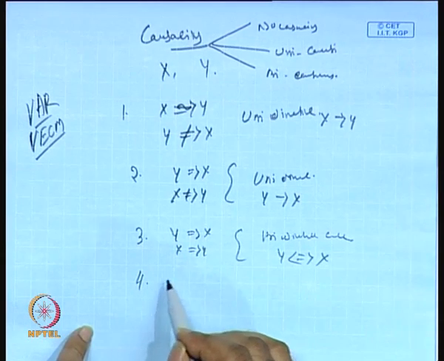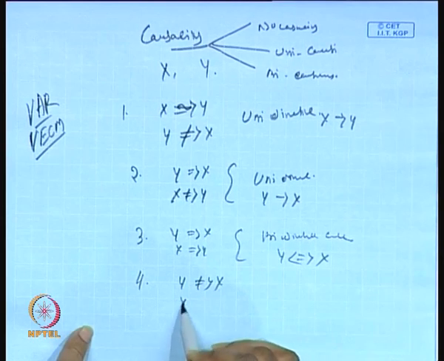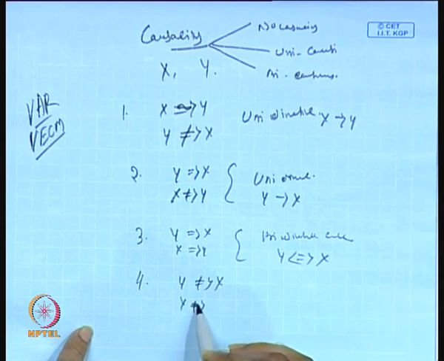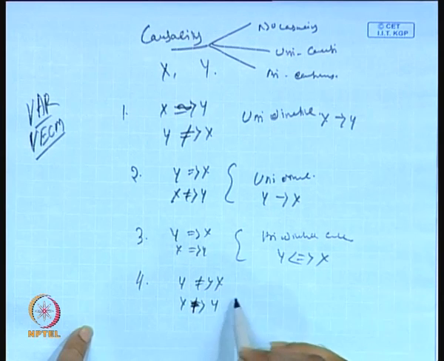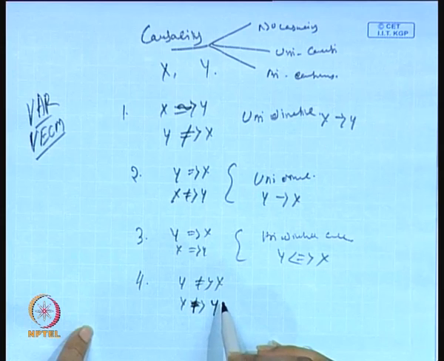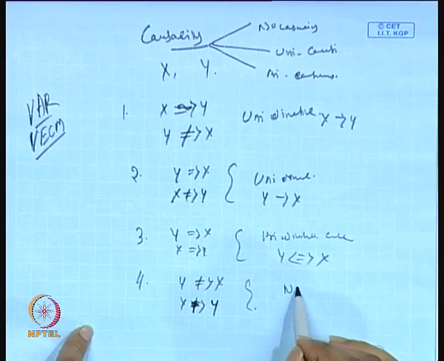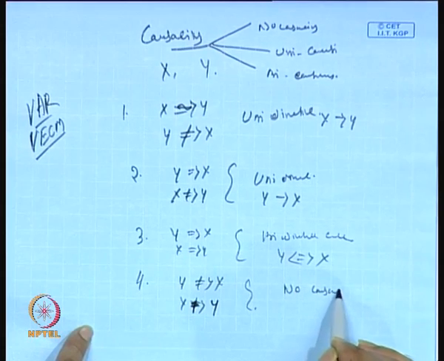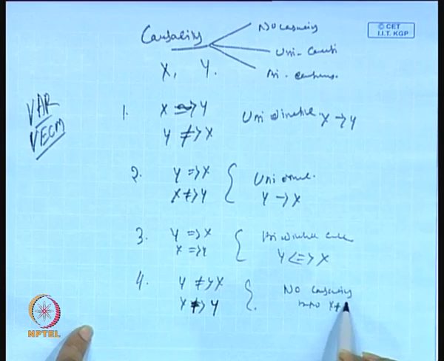Then the fourth possibility is y does not cause x and x does not cause y. If this is the case, the interpretation is no causality between y t and x t.